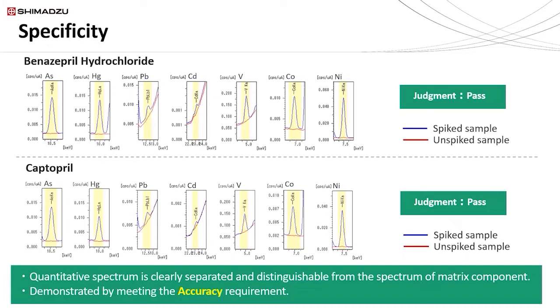And because you're spiking for the accuracy specification, you've met the specificity criteria. So for the specificity criteria, the EDX 7000 XRF meets the specificity criteria because it met the accuracy requirement.